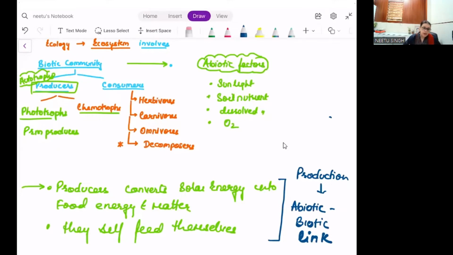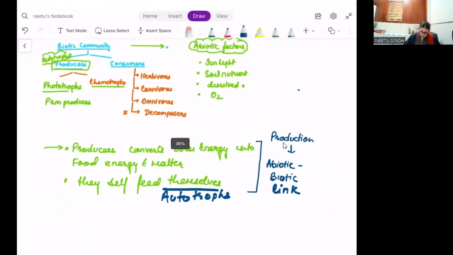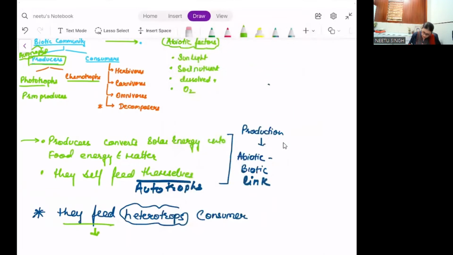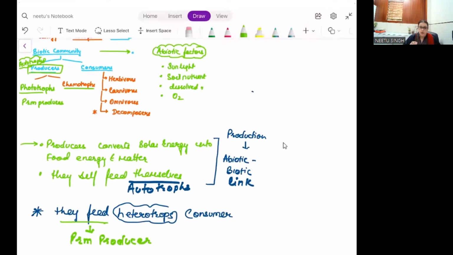That is the reason producers are also called autotrophs. But what comes up as an optional thing is that they feed heterotrophs, that is consumers. They will be called primary producers. So the biotic community of a typical ecosystem will be comprised of producers and consumers.